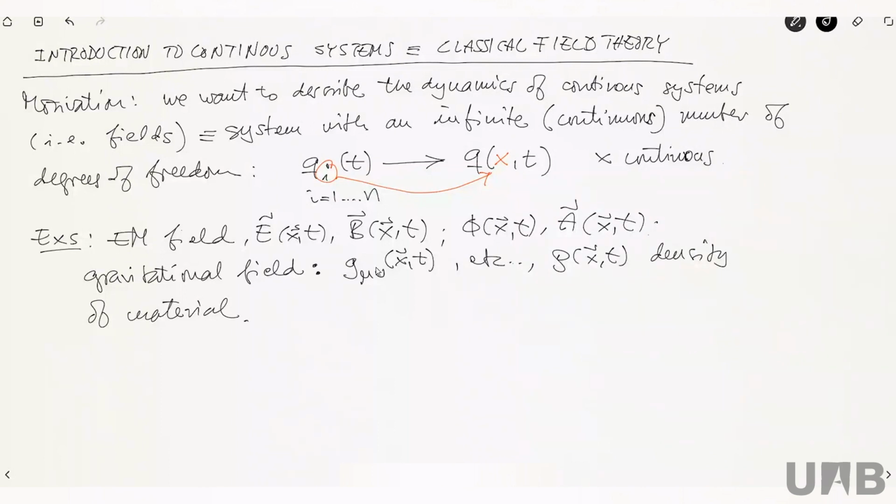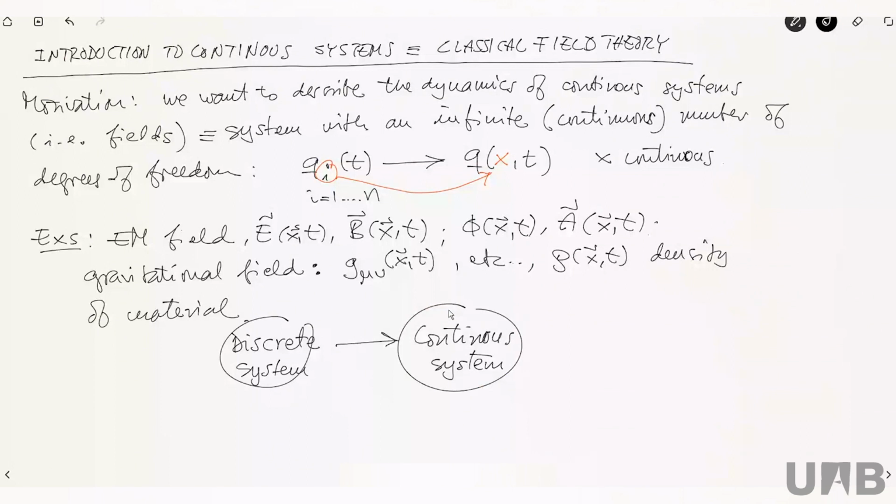So we have to take some limit in which we go from a discrete system to a continuous system, right? We want to know how to do this, okay?